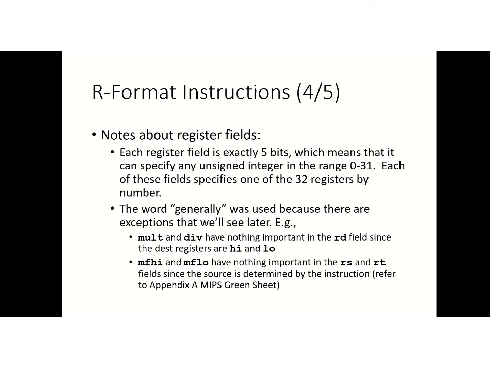Note about the register field is that each register field is exactly 5 bits, which means that it can specify any unsigned integer in the range of 0 to 31. Why is it 0 to 31? 5 bits means 2 to the power of 5, you will get 32 combinations of numbers, starting from 0 until 31, which is 11111.